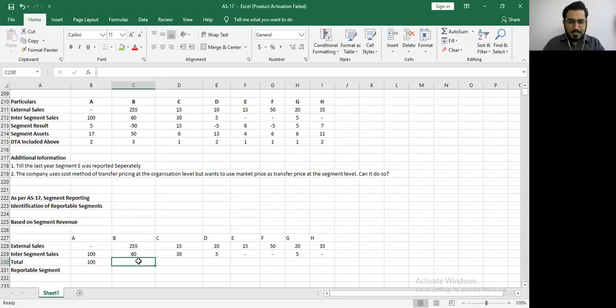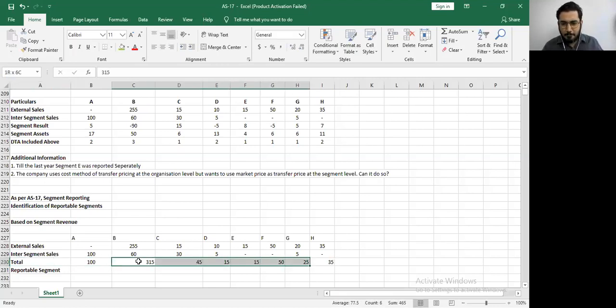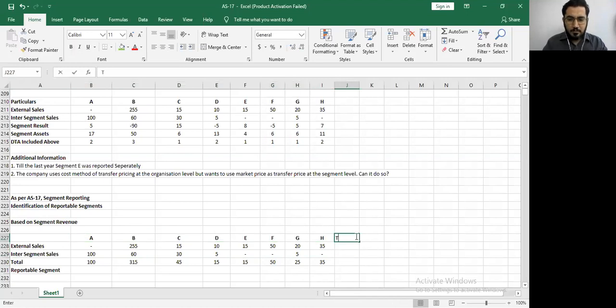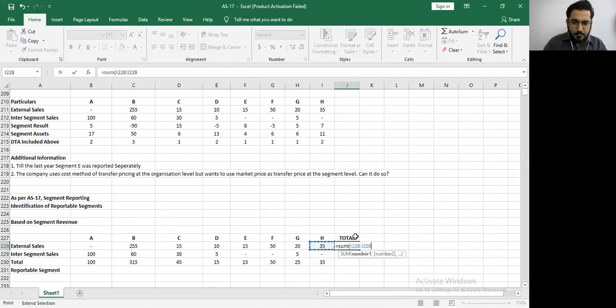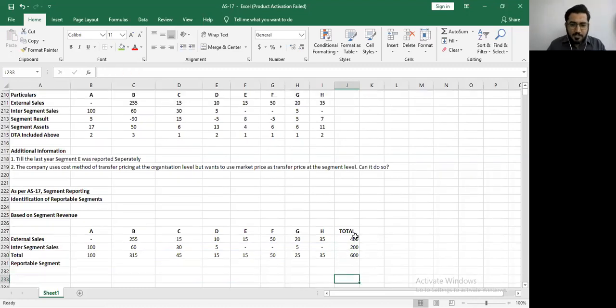After that, 255 plus 60 is 315. After that, you have 45, 15, 15, 50, 25, and 35. Then you have the total, which comes to 400 and 600.